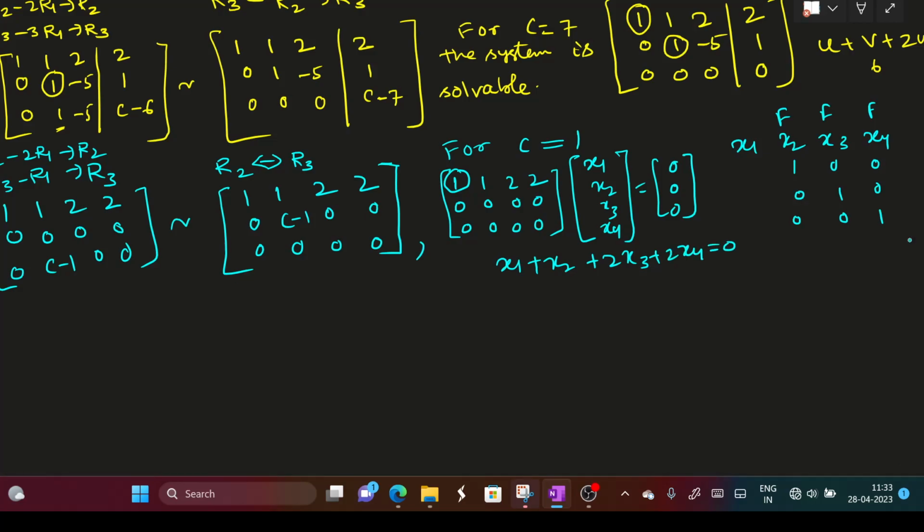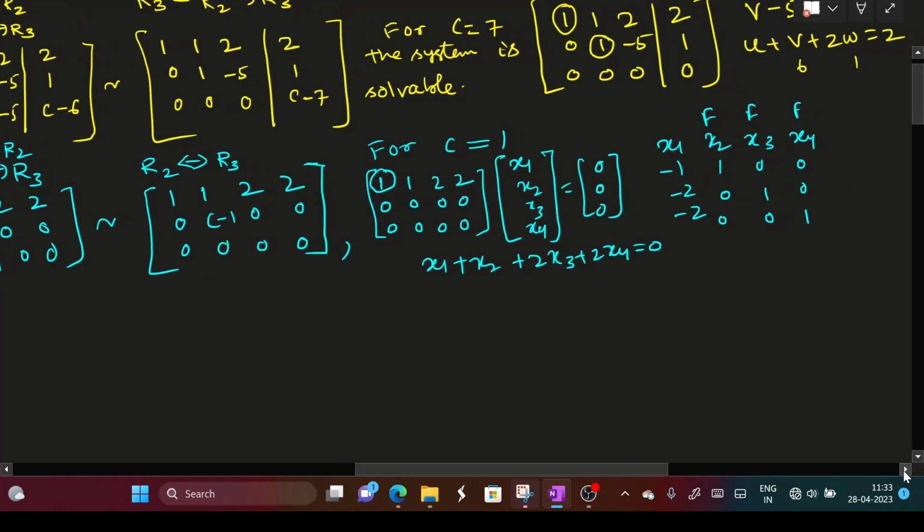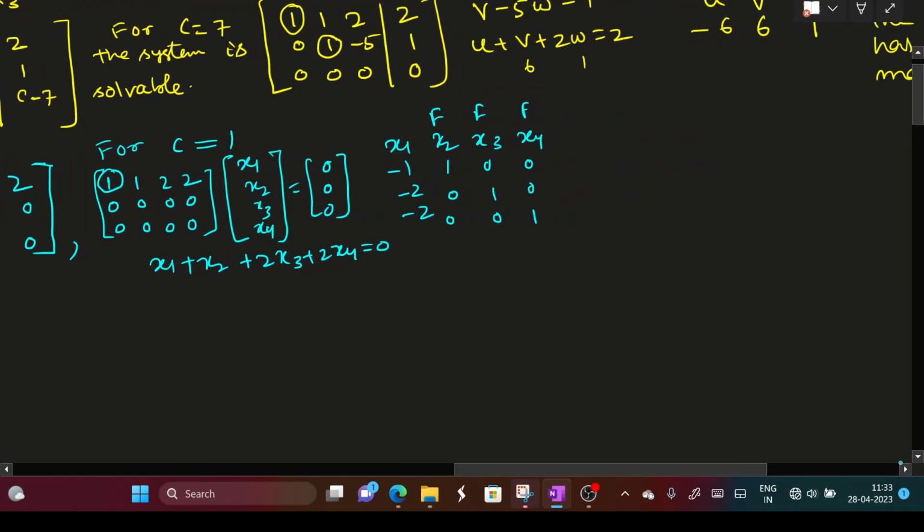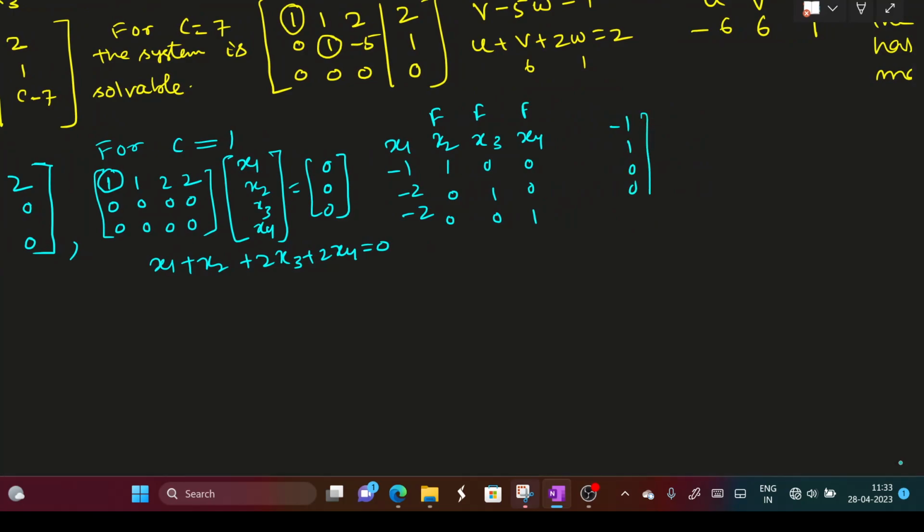So when I substitute these values, I get minus 1, minus 2, minus 2. So the special solutions are minus 1, 1, 0, 0; minus 2, 0, 1, 0; minus 2, 0, 0, 1.